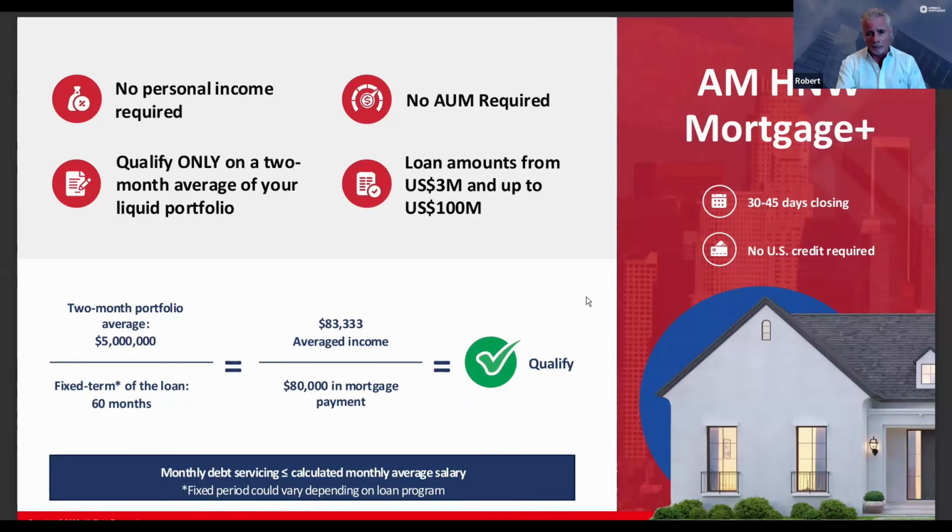Again, there's no encumbrance on these liquid assets, it's merely used to qualify. So the day after the loan closes, you could sell it, you could trade it, whatever you need to do. And if you're, say, a private banker that looks after clients, you're not going to lose any AUM, because there's no AUM required for this loan.